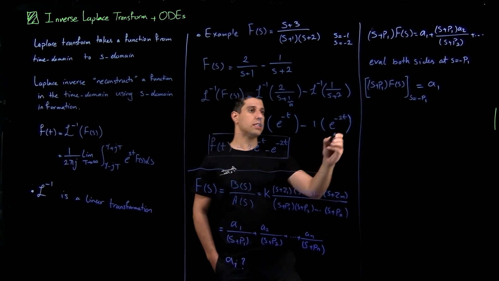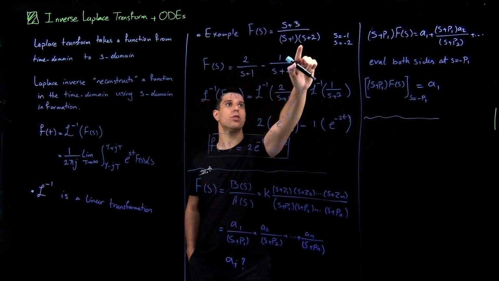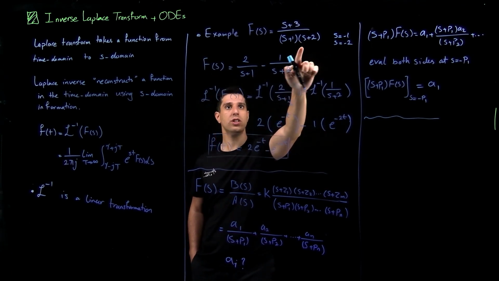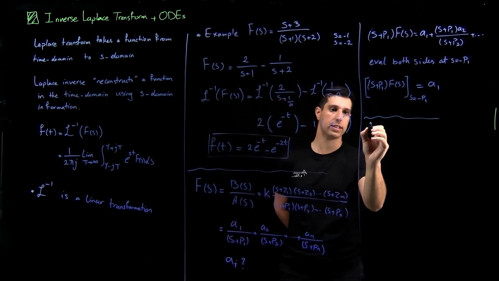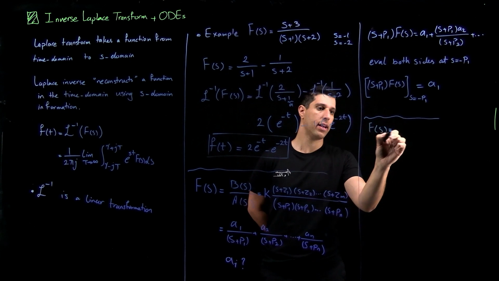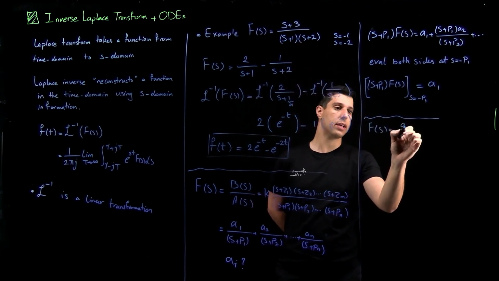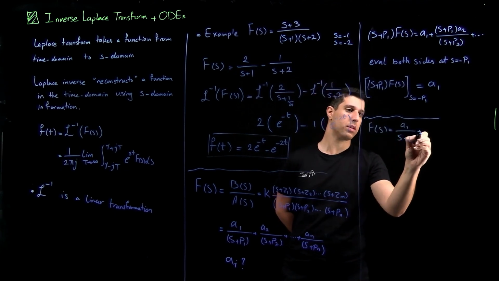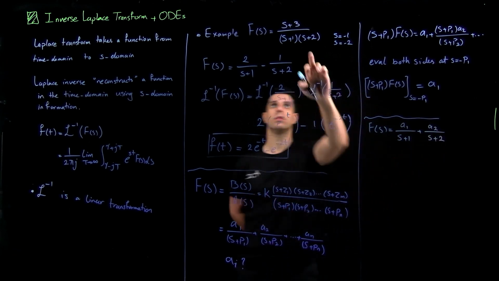So if you want to see this in practice, let's go back to this example. Try to work with this original function and try to get at this form. So my F of s equals this. I'm going to write it as A1 over s plus 1 plus some A2 over s plus 2, the two poles.